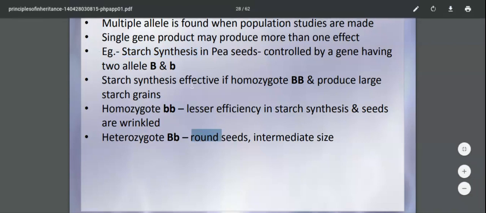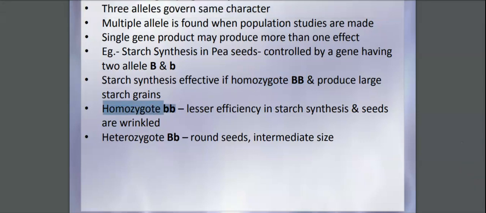So you can see here that if a plant is a homozygote, capital BB, the starch synthesis is very effective, larger starch grains are produced, and in such seeds the shape is found to be round. Whereas if the plant is a homozygote which is recessive, small bb, there's lesser efficiency in starch synthesis, and the seeds are found to be wrinkled.